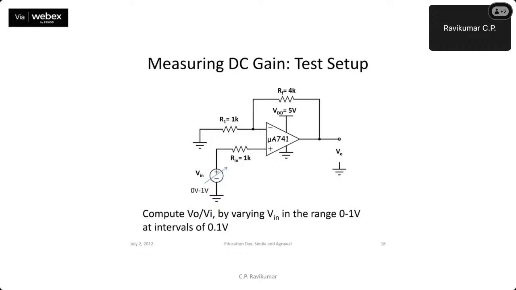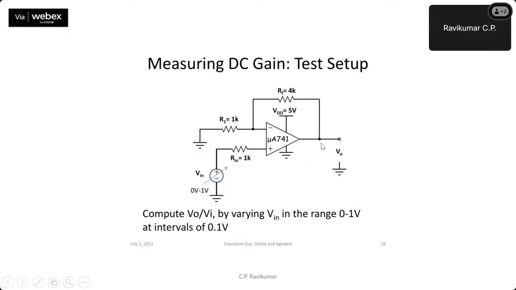Just like in Spice you connect all the components using some language, in the same way you will have to make the circuit, and then you have to introduce a DC voltage and vary the input from, let us say, 0 to 1 volt, in steps of 0.1, and then note down the outputs.